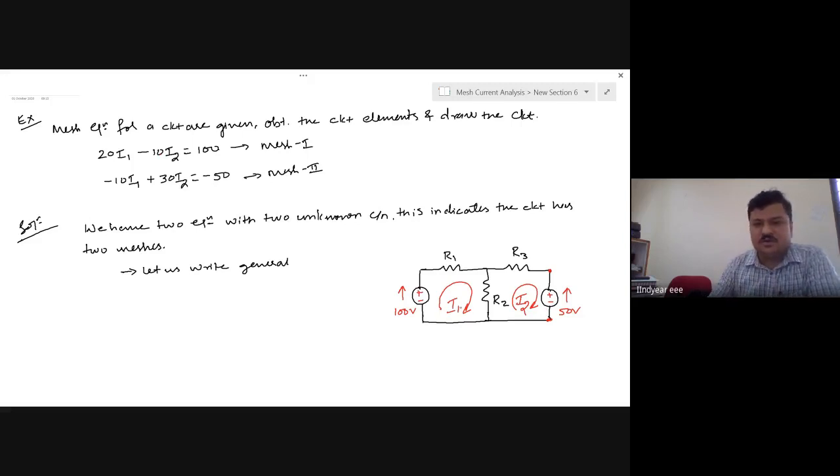Now I got what the voltage sources are. Now I should know what the resistor values are. I will take this as equation 1 and this as equation 2. Now apply KVL to mesh 1. This is mesh 1. This is mesh 2.